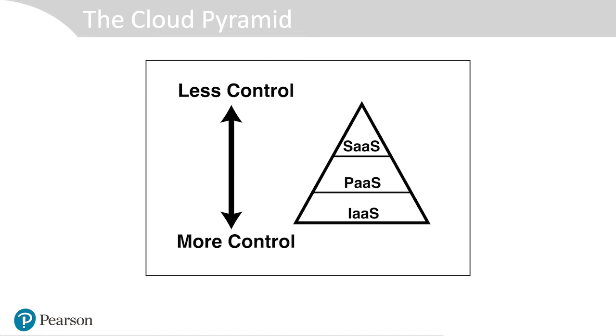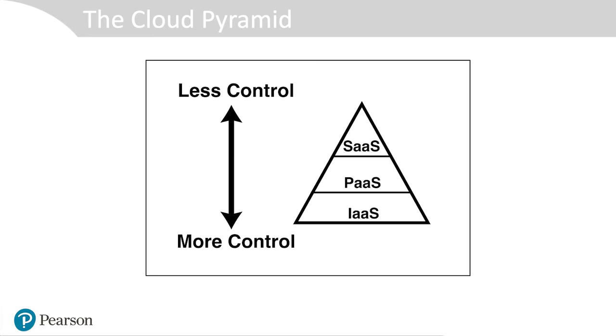As you move up in the cloud pyramid to the middle, where PaaS sits, you have less control, but you also have less responsibility. At this level, the cloud provider will usually take care of VMs that are running your application. You're just responsible for your application itself. Because the cloud provider manages the platform, PaaS services usually come with a lot of built-in functionality.